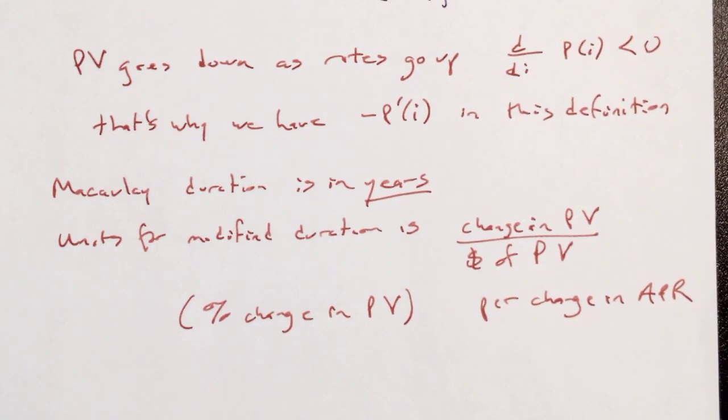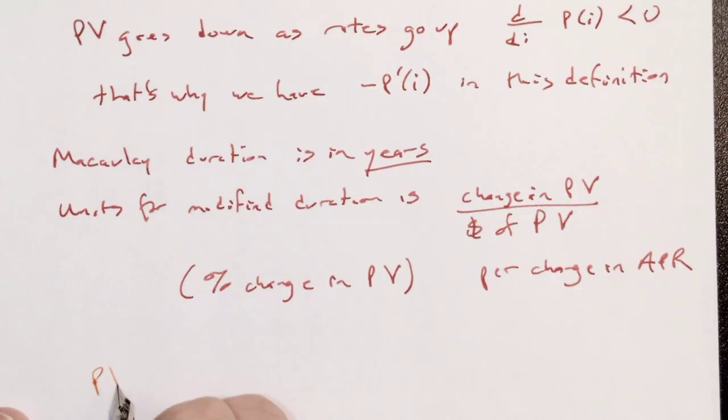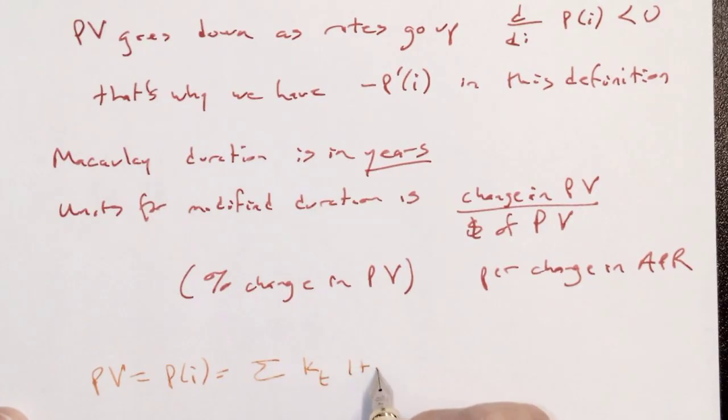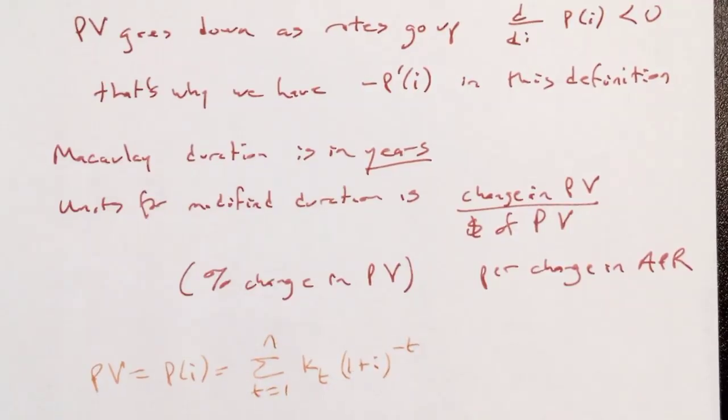All right, wait a minute. The present value was P of I, the sum of k_t (1 plus I) to the negative t, t equals 1 to n. That was P of I.